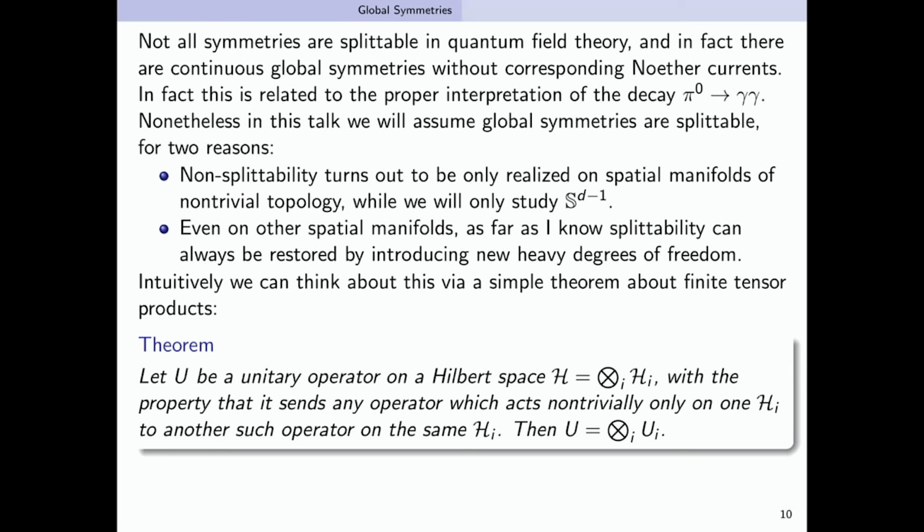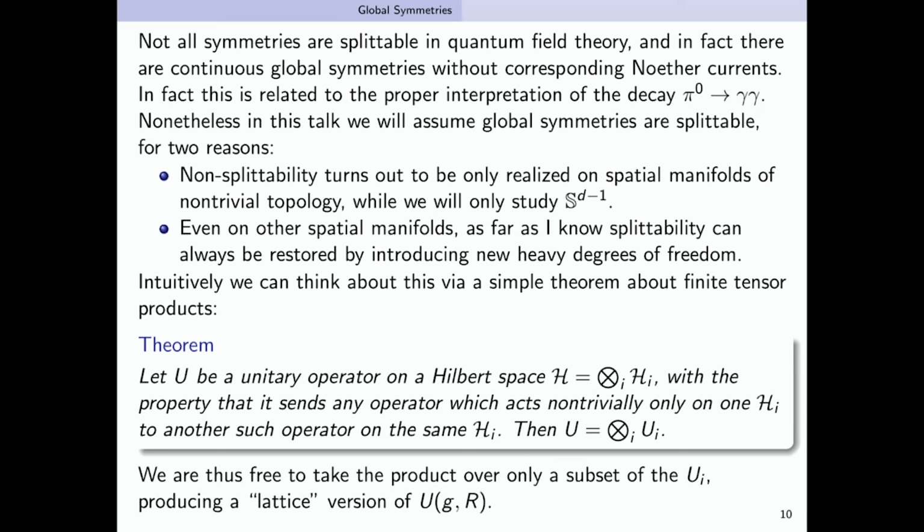Now, that's not quite general enough because you would like to have symmetries that move things around a little bit, but only a little bit. And then the U maybe can't quite be the tensor product, but you have this freedom of what happens at the edge. And somehow that's enough, I think. And in this example, you just take the product of the subset of the U's in the region that you want, and that gives you the symmetry in the region.